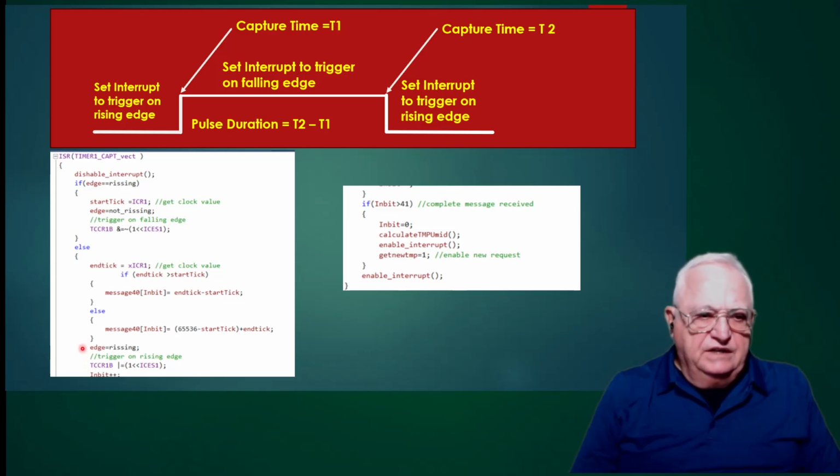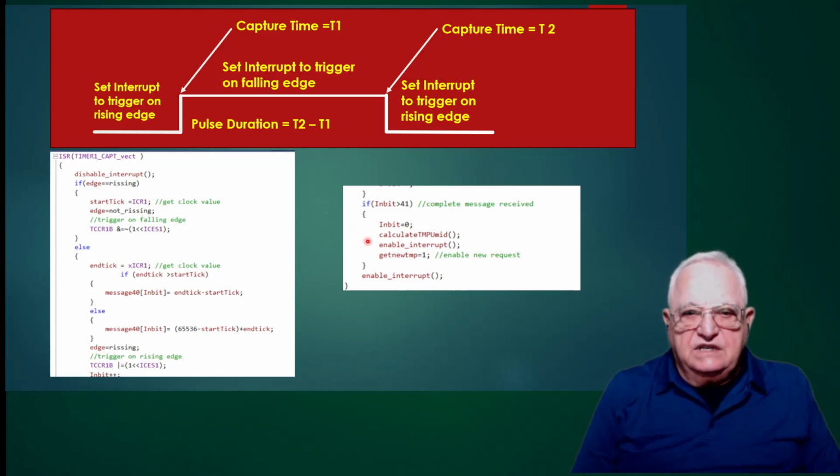Next, I'm going to set the edge to rising and set to trigger on rising edge. And I'm going to increase my in bit counter. When my in bit is greater than 40, that means that I have gotten a complete message.